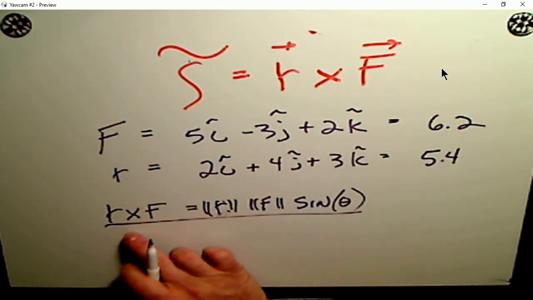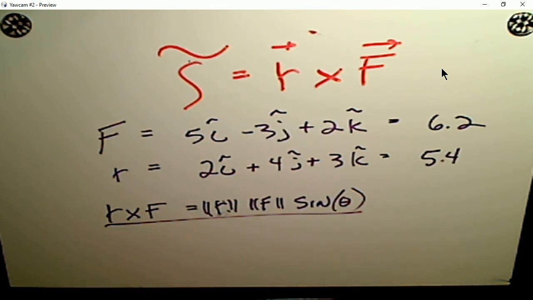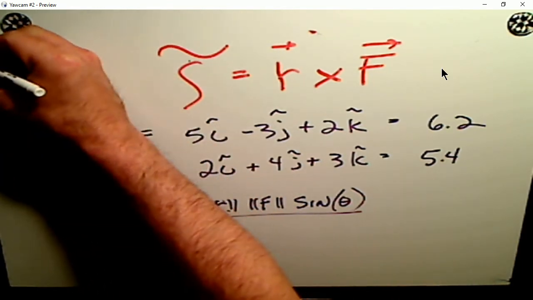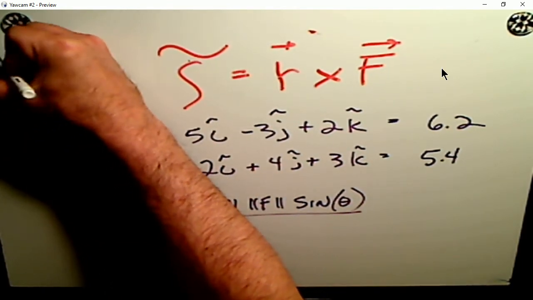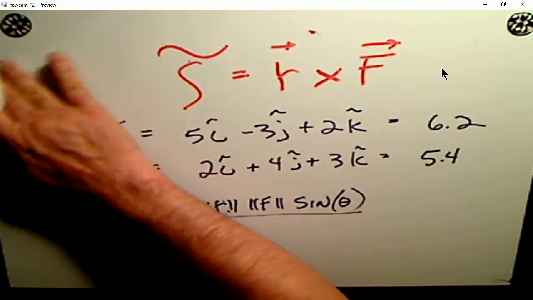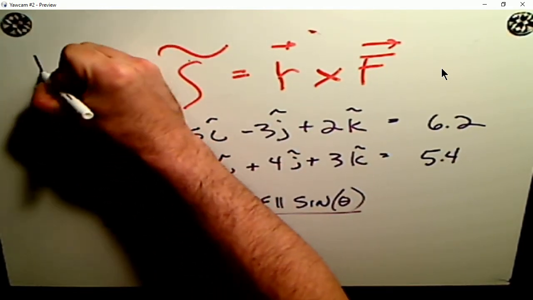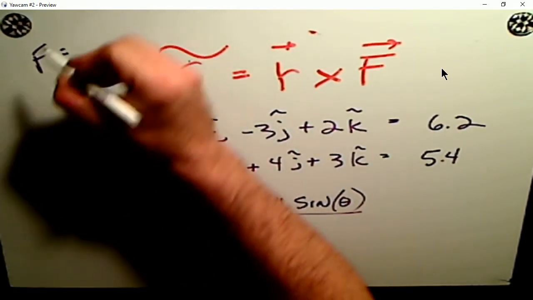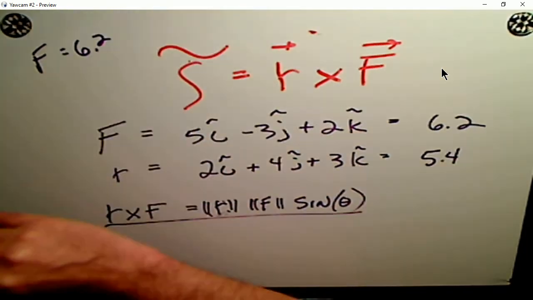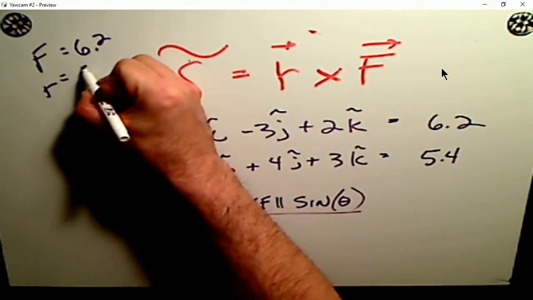But how do we do this cross product? Just remember those figures there. I'll write them up here. The force 6.2, radial arm 5.4.